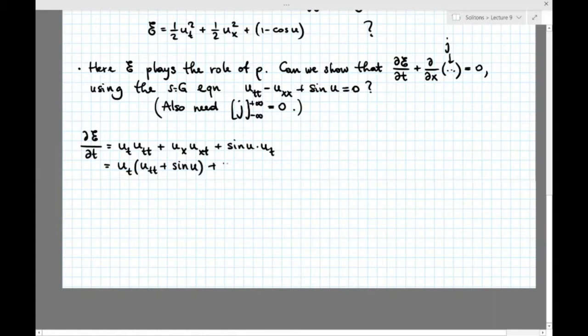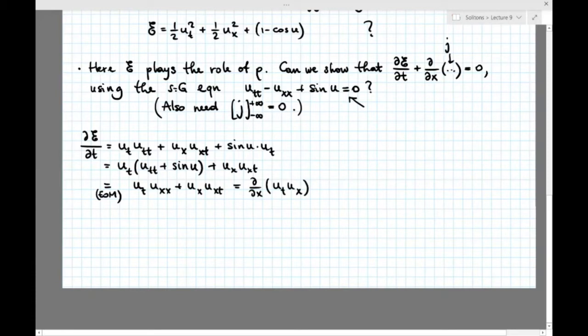And then I have plus ux uxt. So at this point, I can use the equation of motion, which is the sine-Gordon equation that I've written here. So utt plus sine of u is equal to uxx. So I get ut uxx plus ux uxt, which in turn I can write as a partial derivative with respect to x of ut ux.